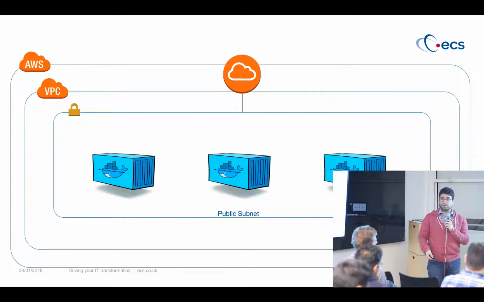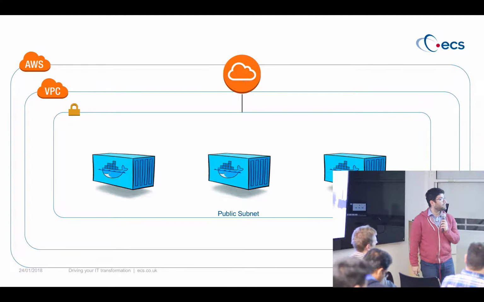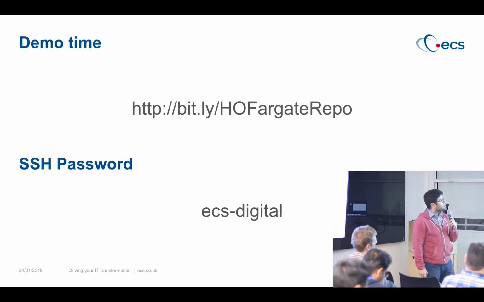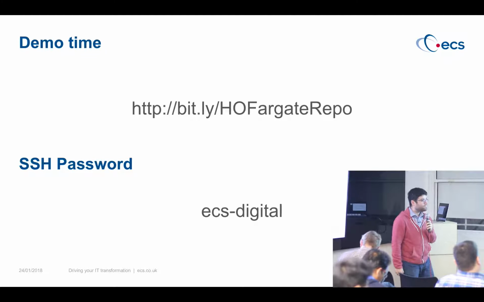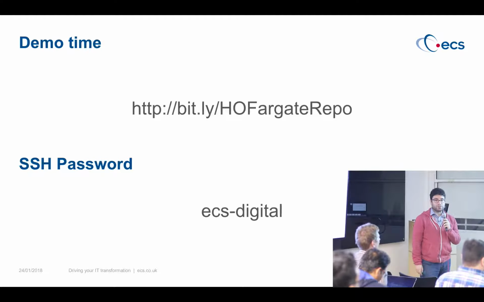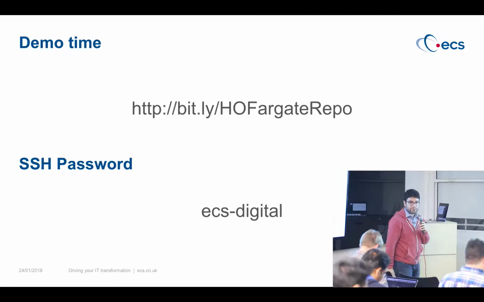We're going to create a task definition, upload it, and then connect it, without creating any instance on top of it. All right, if we want, we can move to the demo part. That's the short link for the GitHub repository, and then there's the SSH password. Everything is explained in there.